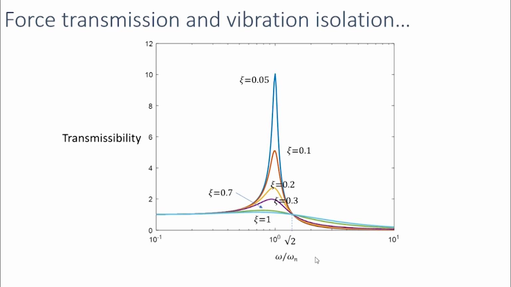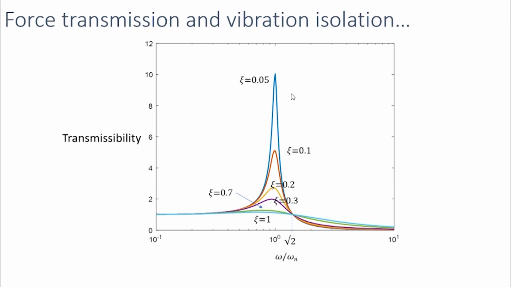When the frequency ratio is higher than root 2, the transmissibility is less than 1. That means the transmitted force is less than the applied force. That means vibration isolation is happening when frequency ratio is more than root 2.